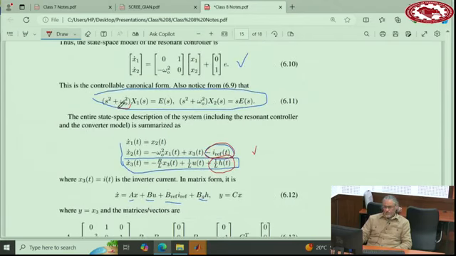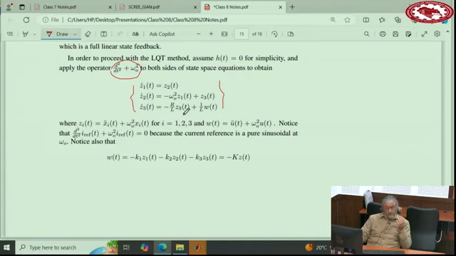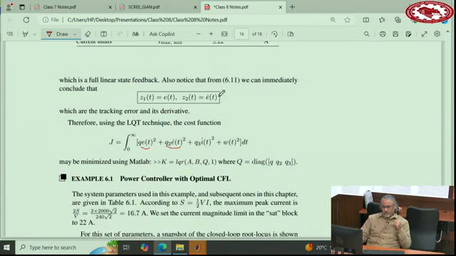This transformation applied to x1 is z1. So z1 is error. And z2 is the derivative of error. So again, this is a nice thing about this approach, that error and derivative of the error appear in the cost function. And these are variables that we can physically feel and work with.